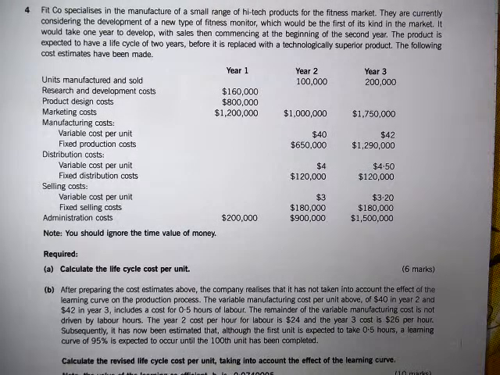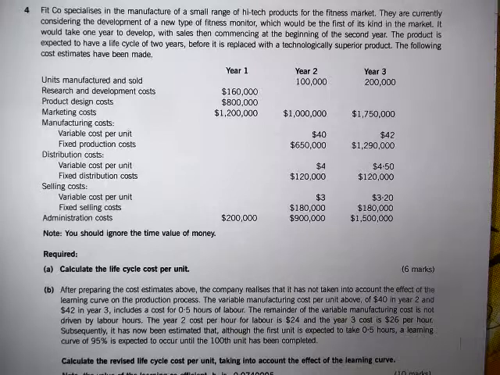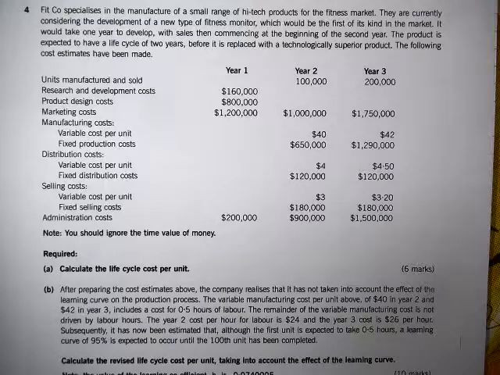Now it says FIT specializes in the manufacture of a small range of high-tech products for the fitness market, page 83. They are currently considering the development of a new type of fitness monitor, which will be the first of its kind in the market.